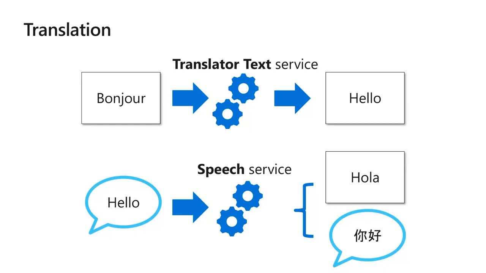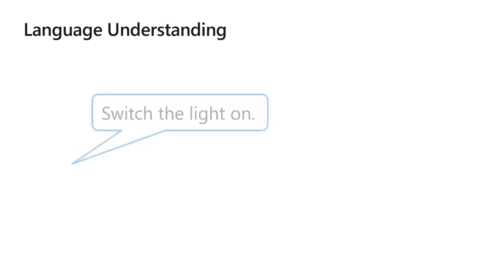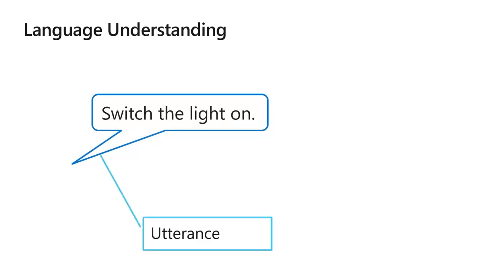And then we're talking about language understanding, which is also known as LUIS. It enables you to train a language model that can interpret natural language commands. An example here would be switch the light on.